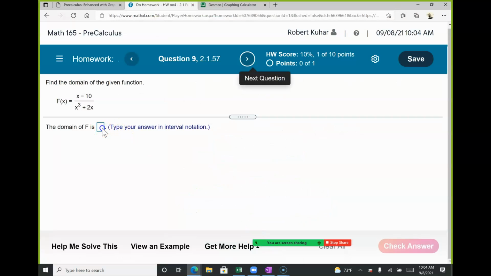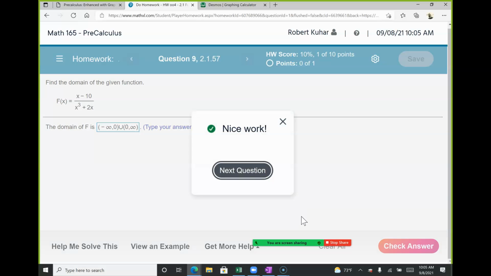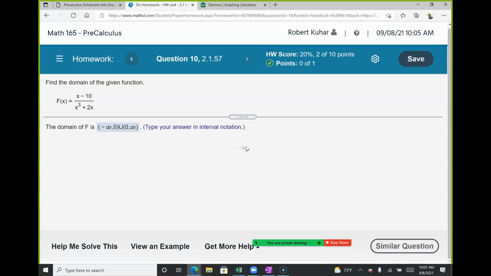So the domain, what did I get? So there's my minus, and then my infinity, comma 0, union, there's my union symbol, 0, comma to infinity. And enter. Okay, thank you. You got it.